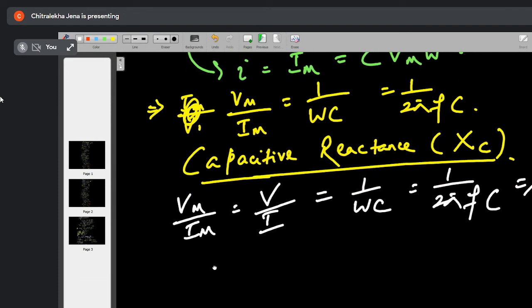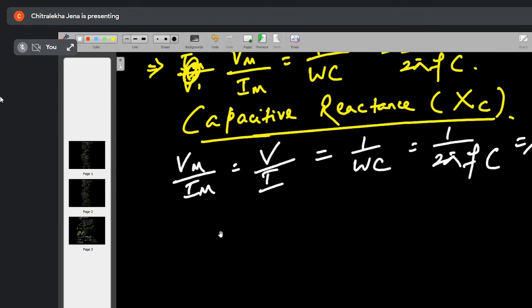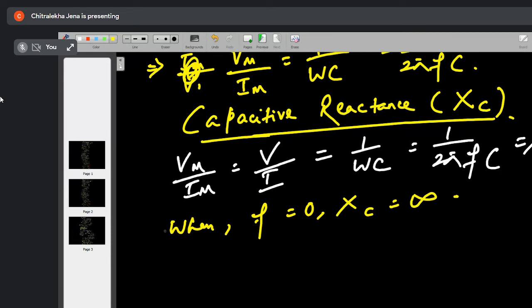This is called capacitive reactance. Okay. So in capacitive reactance, when f is equal to 0, X is equal to how much? Infinite.